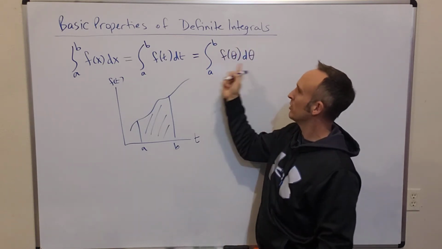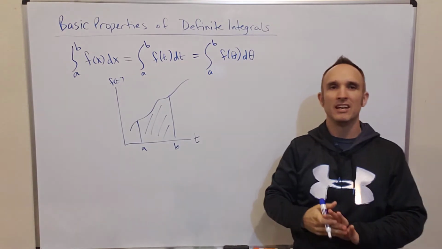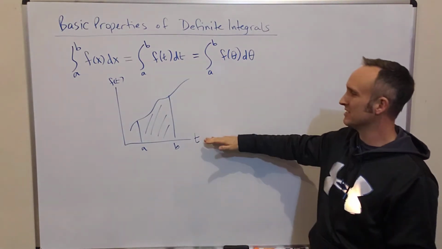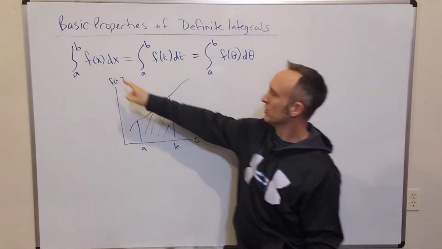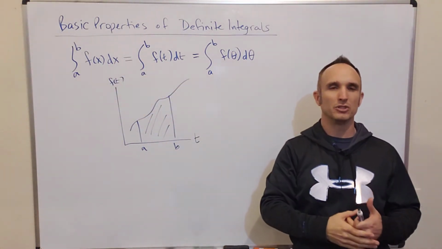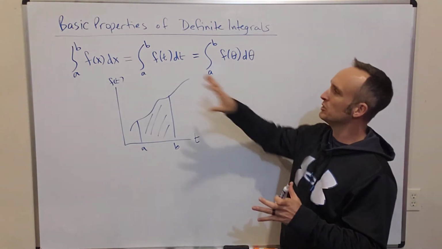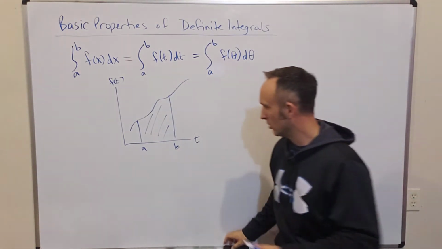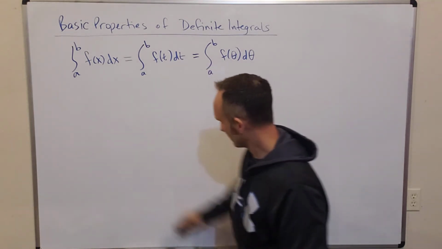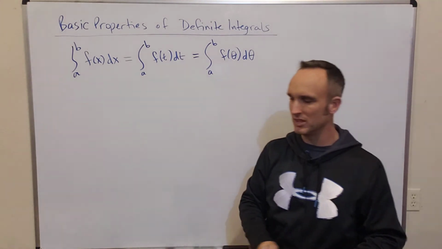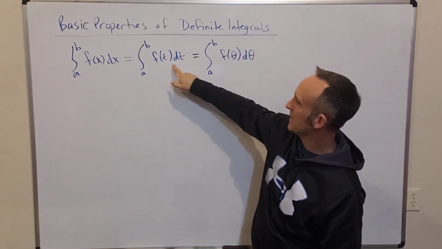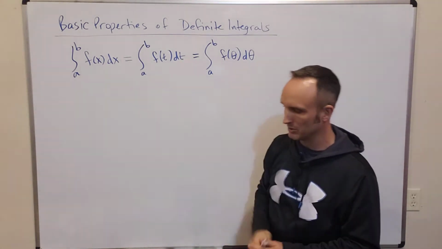It does not matter what your independent variable is. The output of each of these definite integrals is exactly the same and has the same meaning. So really you could think of the variable here as sort of a temporary variable, just something to notate the function, okay? So that's the first property we'll look at of definite integrals. The independent variable is not terribly significant. As long as the variable here matches the variable here, that's what's important.